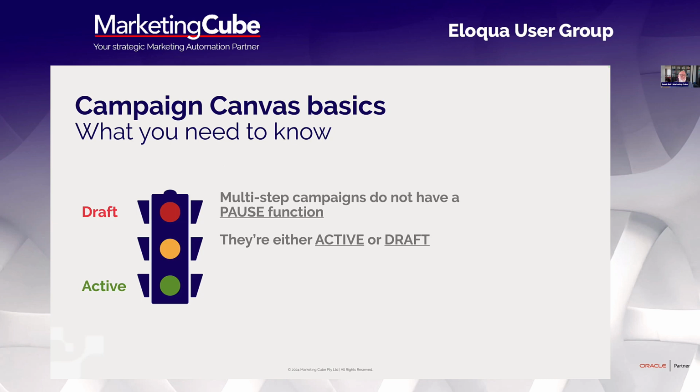Again, no big deal. But if you're wondering why there's draft, active, and completed, what's the difference? Well, not a great deal. The big thing with completed just means that the system, Eloqua, has reached that end date and it has deactivated the campaign on your behalf based on the time that you've reached.